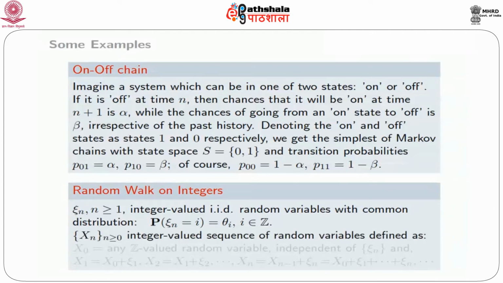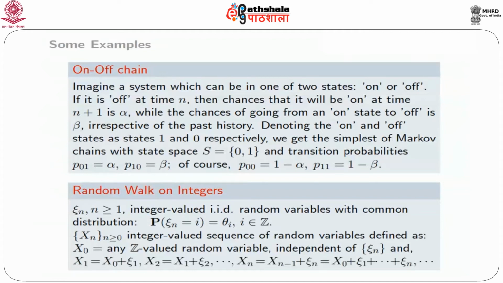I define a sequence Xn indexed by n greater than or equal to 0, again an integer valued sequence of random variables, and they are defined like this. X0 is any integer valued random variable independent of the sequence xi n, and then the other Xn's are defined like this. X1 is X0 plus xi 1, X2 is X1 plus xi 2, and so on.